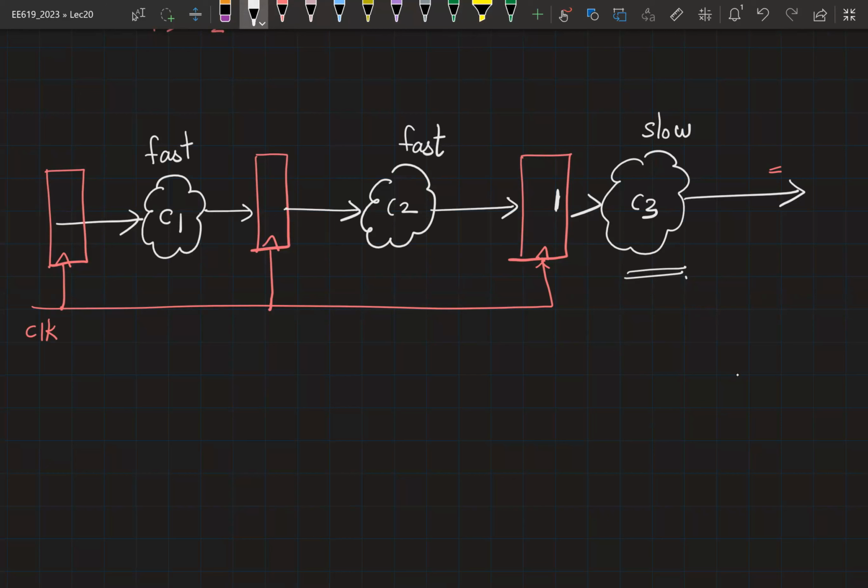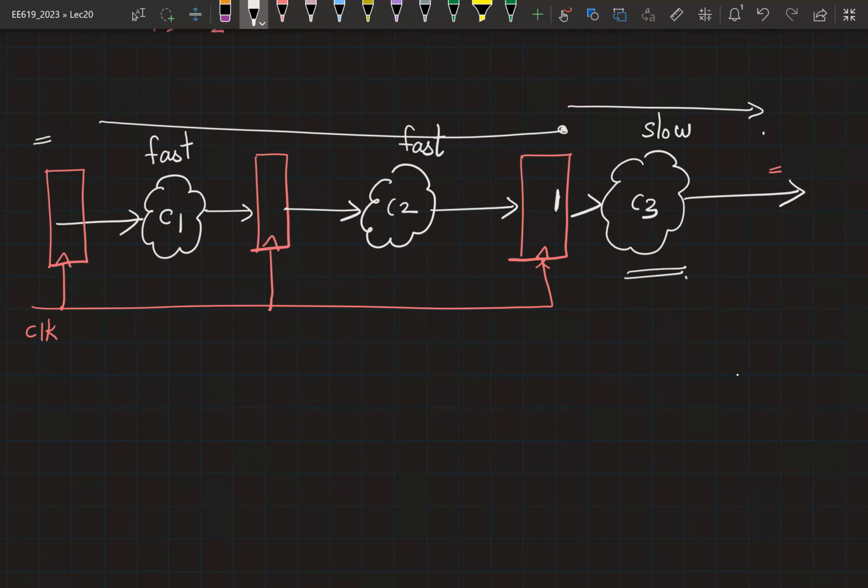The problem was that without these sampling elements in between, when your input changes, the corresponding output is going to propagate till this point very quickly, right? But then C3 is going to take its own sweet time to reflect the corresponding output here, correct?